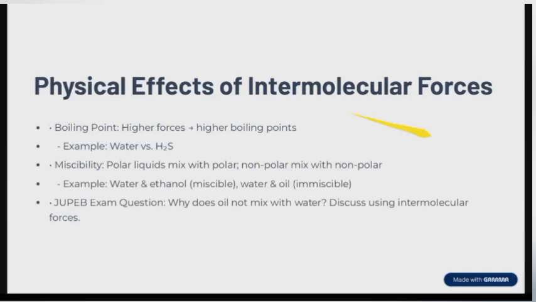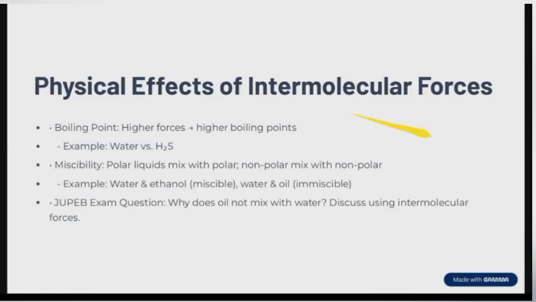Now, how could you see this in an exam question? They could ask, why does oil not mix with water? Discuss using intermolecular force of attraction. The reason is that water is a polar solvent, while oil is a non-polar solvent.